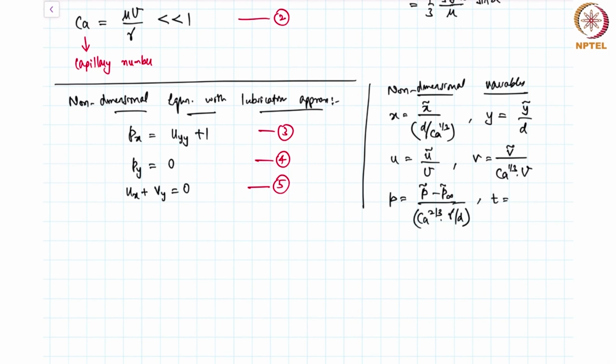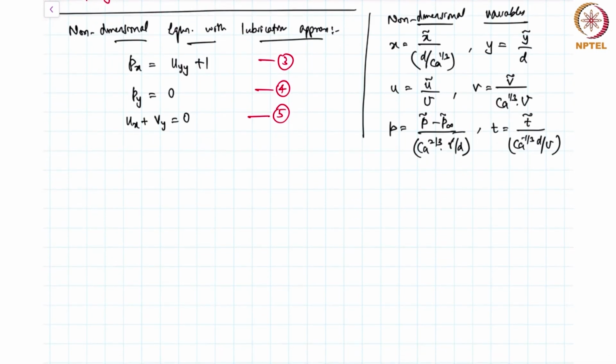And time is simply taken to be t tilde divided by capillary number power 1 minus 1 by 3 times d by U. So if you are wondering how I get this capillary number power 1 by 3 term, this is worth quickly going through because this is not really discussed much in standard textbooks.